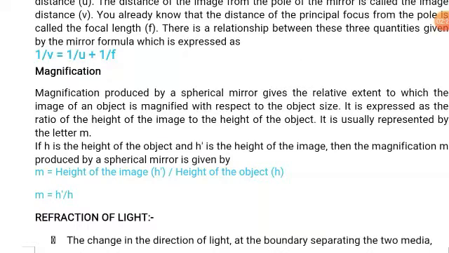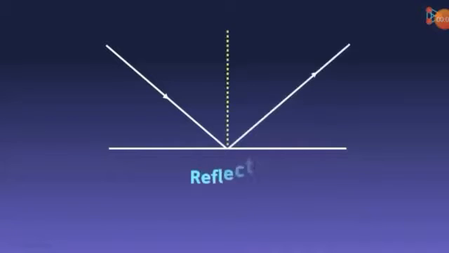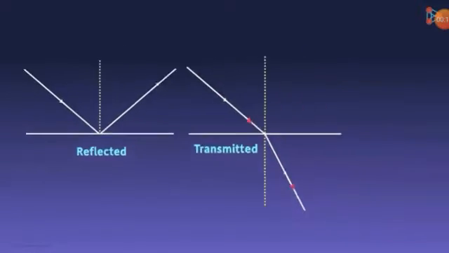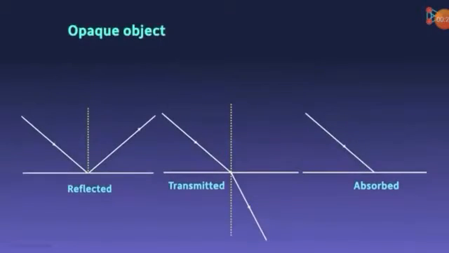Now we are going to study refraction of light. When a ray of light is incident on a medium, there are certain possibilities: the light is reflected, or it is transmitted from one medium to another, or the ray of light gets absorbed in that medium. Whether it is reflected, transmitted or absorbed depends on the object.